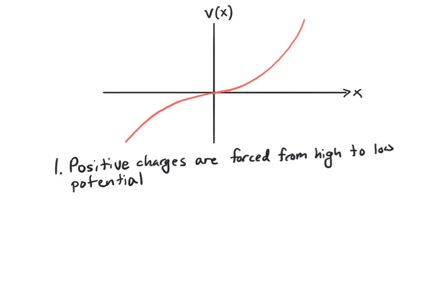Now let's do the same thing, except let's place a negative charge in the same place. Again, since the potential is positive along the positive x-axis, there's got to be a concentration of positive charges somewhere over here.